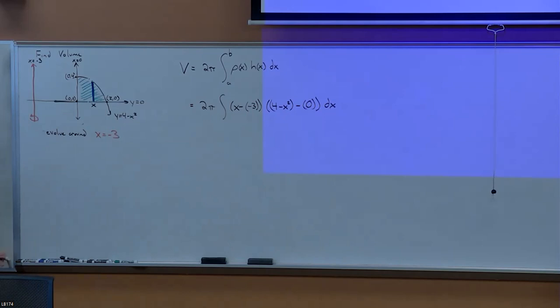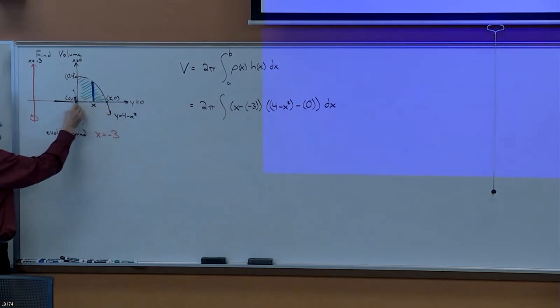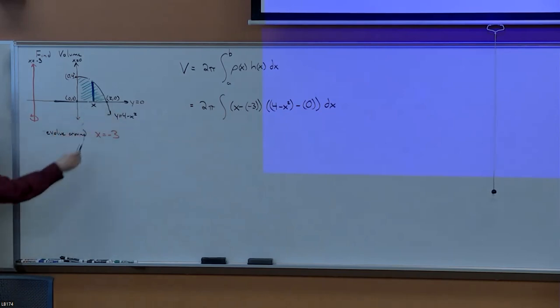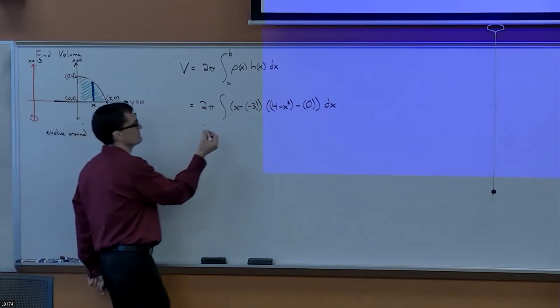What should my integration be to and from? Well, we're still going to just integrate this shaded green area. So my integration is still from 0 to 2. I've just changed my radius.